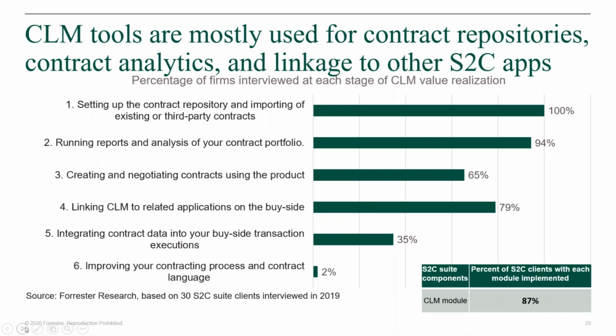Somewhat lower, but still about 2/3 of companies were utilizing it to actually create the contracts, as opposed to having the contract data maybe captured, but then turning it over to the legal department to actually draft the contract. That's work that many companies have not yet completed. But we saw some of the lagging aspects were in the integration of the contract data into the buy-side transaction executions, whether invoicing or procurement.